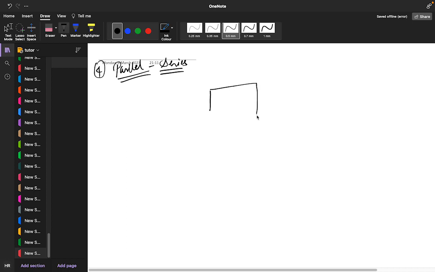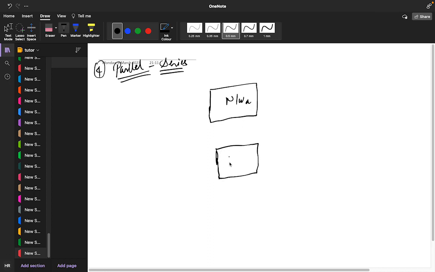Suppose you have a particular network, this is network A, and here you have network B. So this is parallel-series. Here it will be parallel.